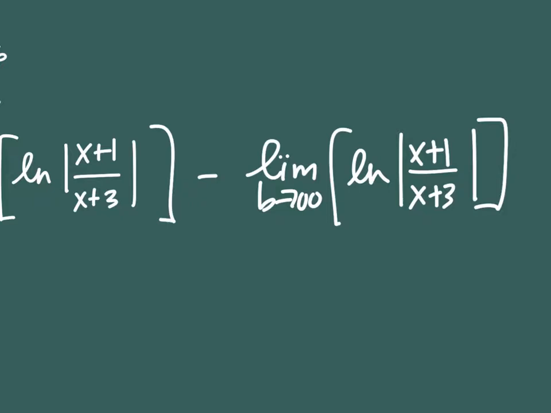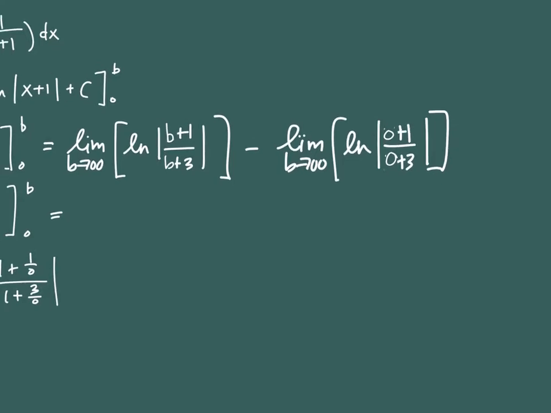I'm skipping things and not doing a good job because I'm trying to go too fast for you. This is where the b is, and this one is where the 0 is. Yeah, so the only one you have to divide through by the highest power is the b part.